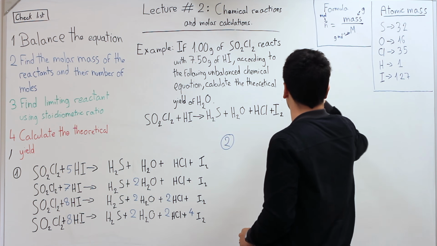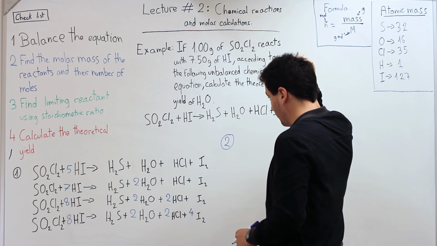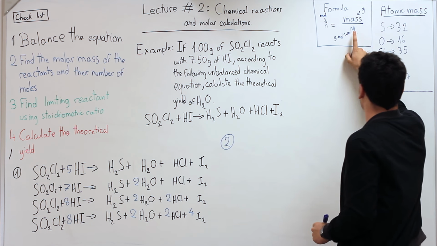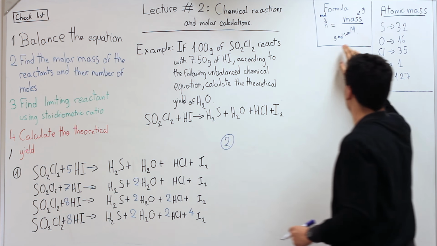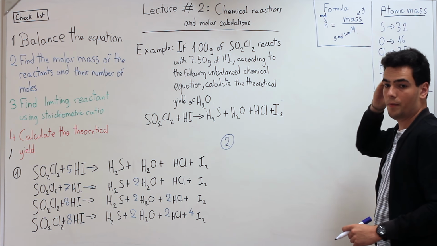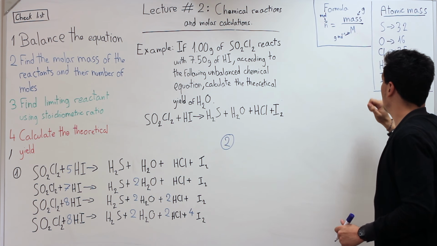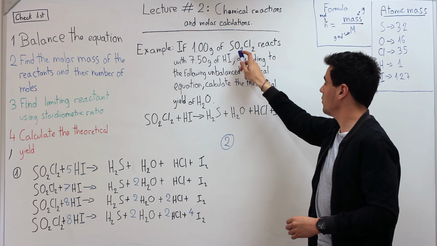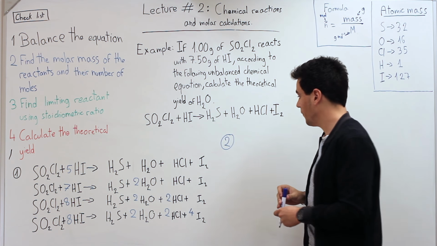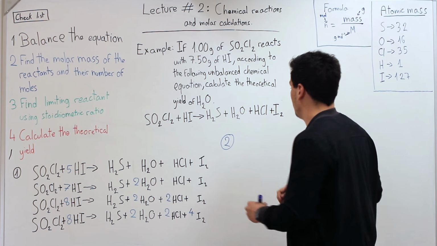First we use this formula. So, we know the mass, we have them here, and we're going to calculate the molar mass of each of SO2Cl2 and HI. So we're going to start with SO2Cl2.